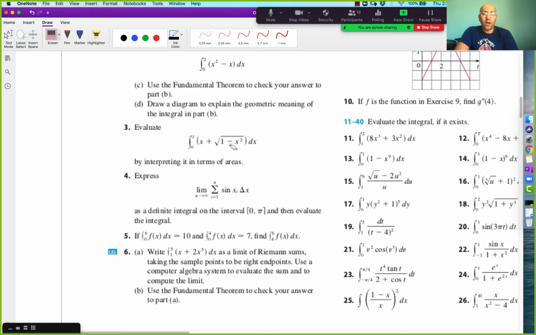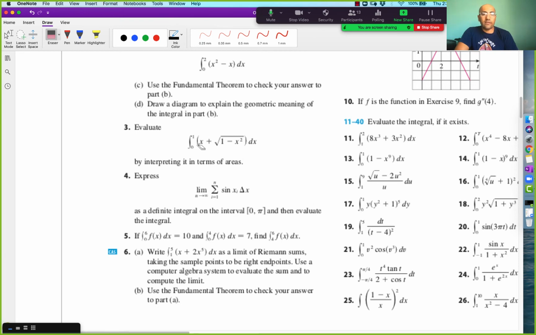And the equation y equals the square root of 1 minus x squared should be the top half of a circle, centered at the origin with radius 1. Good. And now if we're integrating it from 0 to 1, it should be a quarter of a circle.